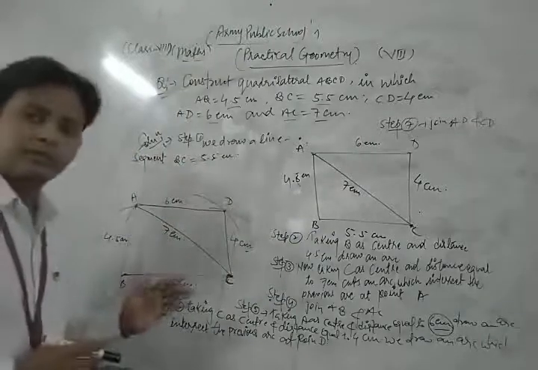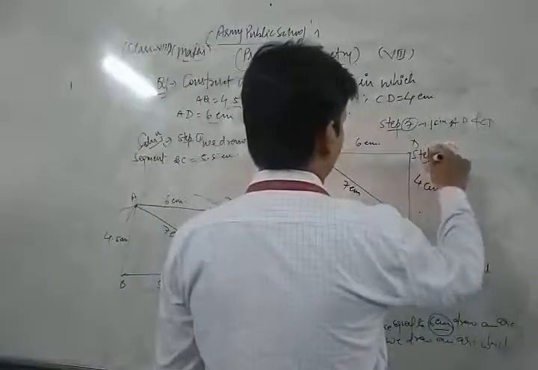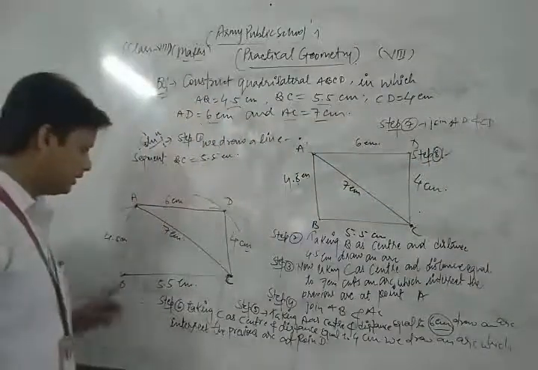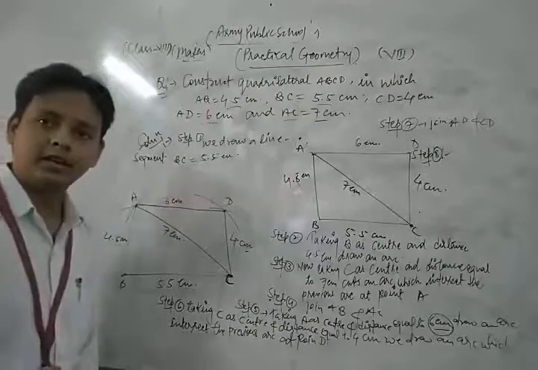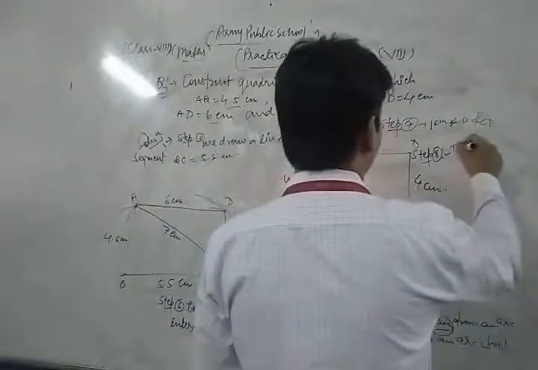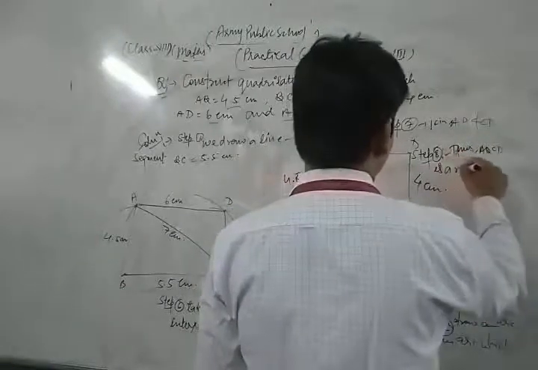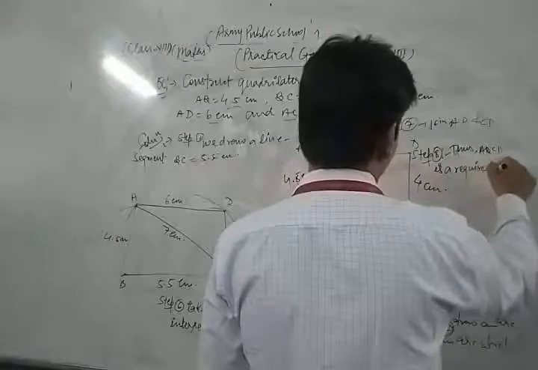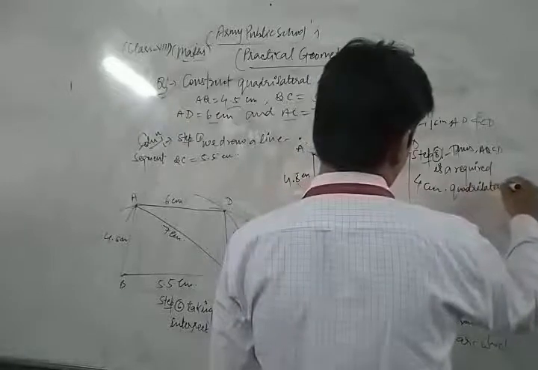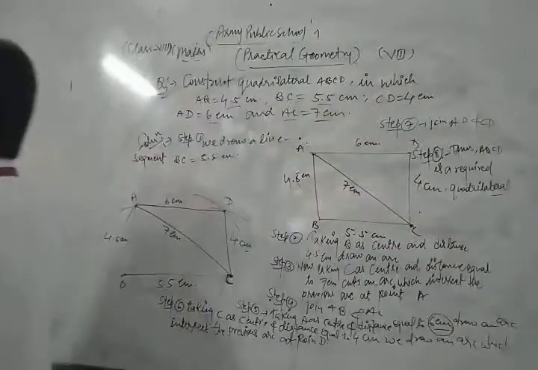Thus, in the last and final step 8, we write that A, B, C, D is the required quadrilateral.